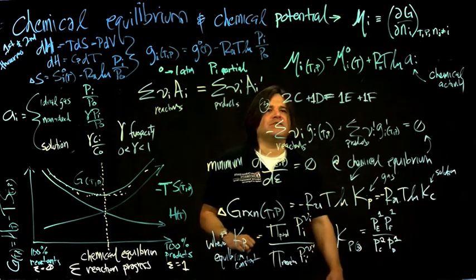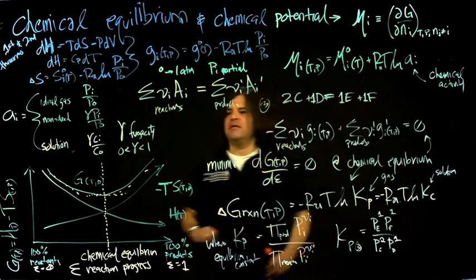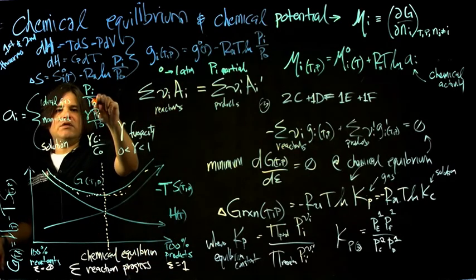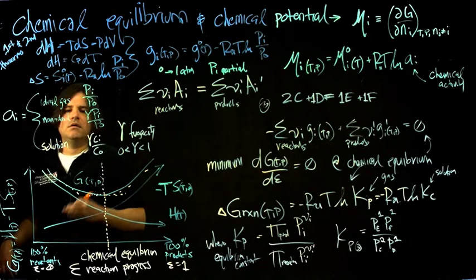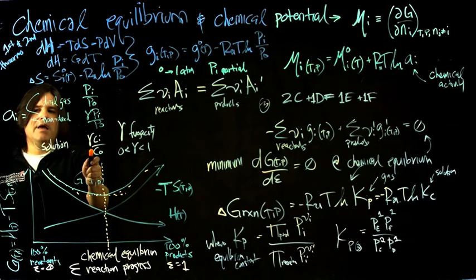Sometimes you see it in terms of chemical potential, but this is the idea. And for combustion, this is in either a non-ideal or ideal gas. For solutions, it's this expression, and electrochemistry is in solutions.